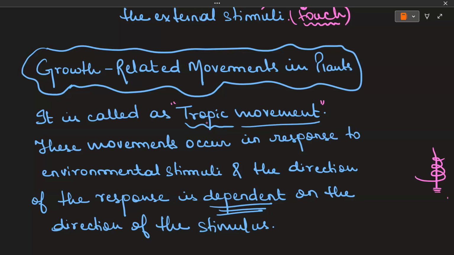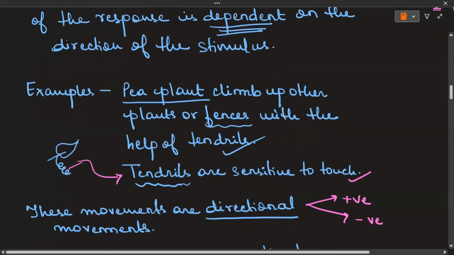Now the growth dependent ones will be known as tropic movements. Here the direction of response is very much dependent on the direction of the stimulus. Before it was independent, now it is dependent. Let us see the example.